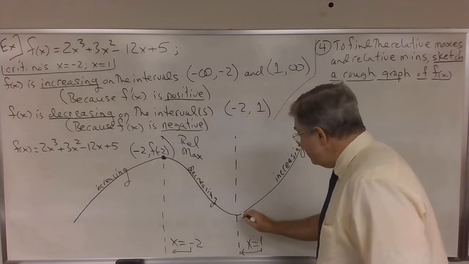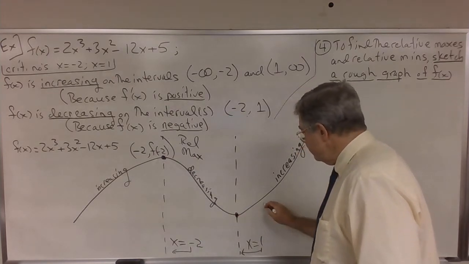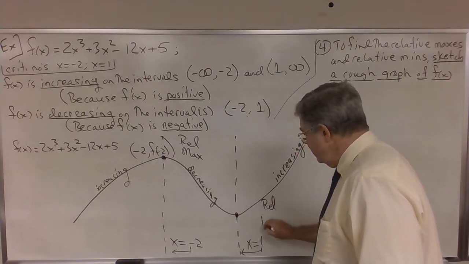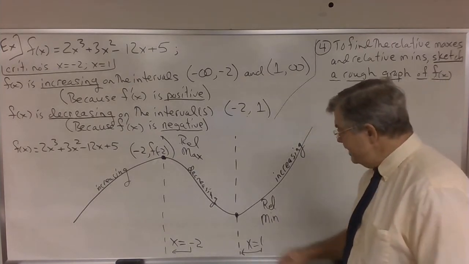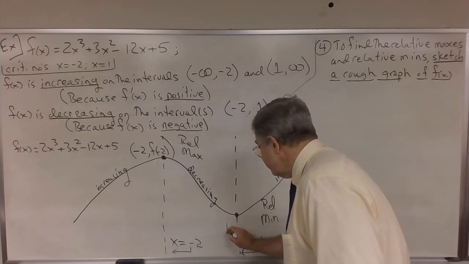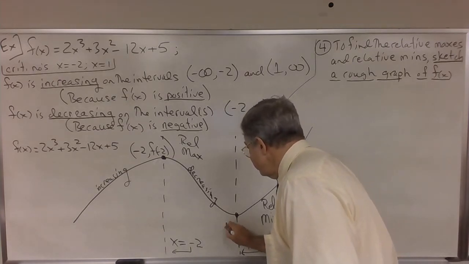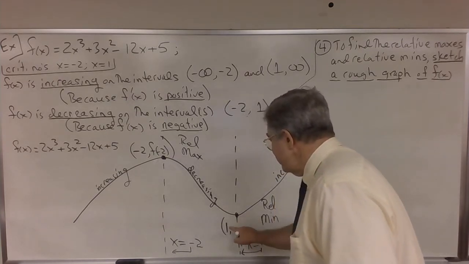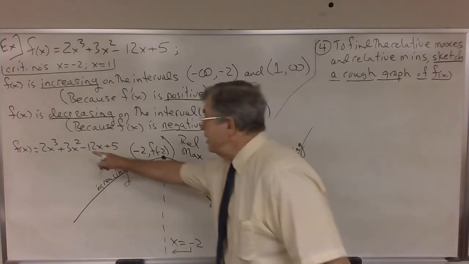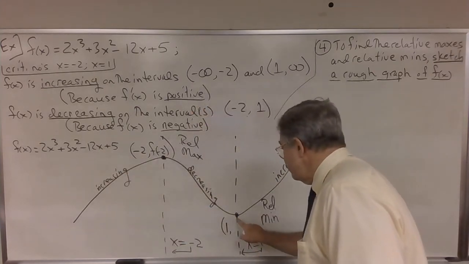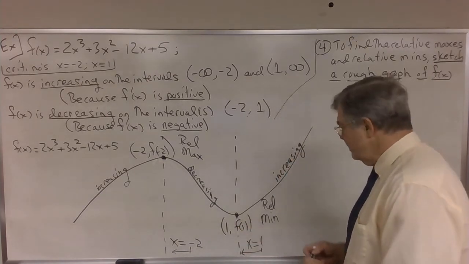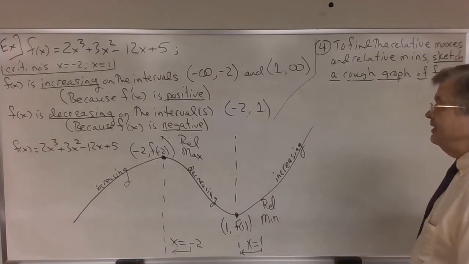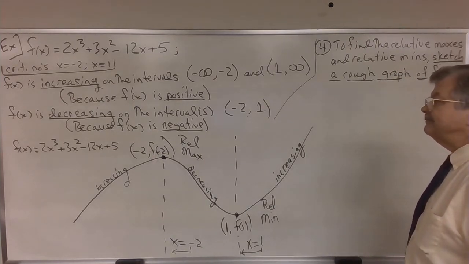Oh, here's a low point on the graph, no doubt about it. This is a relative min. A relative minimum at x equal 1. And to get the y coordinate of this point, I take x and plug it into f of x. So the y coordinate is f evaluated at 1. Now, I just need to summarize that.